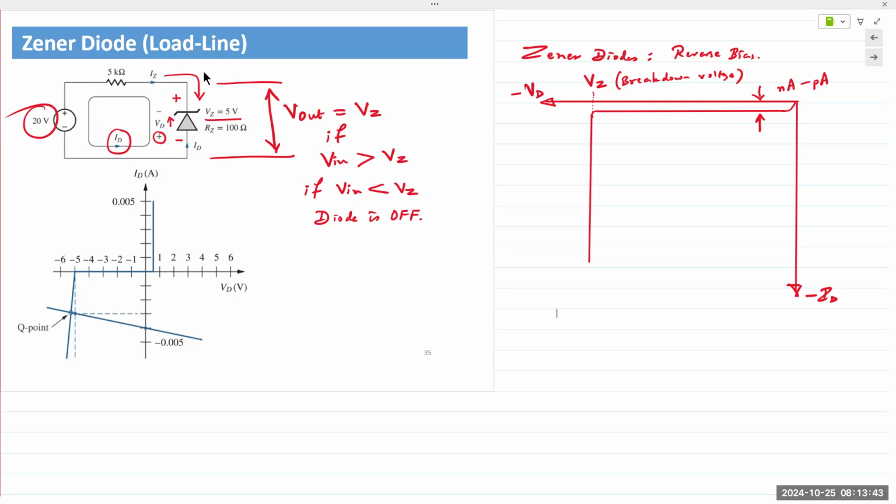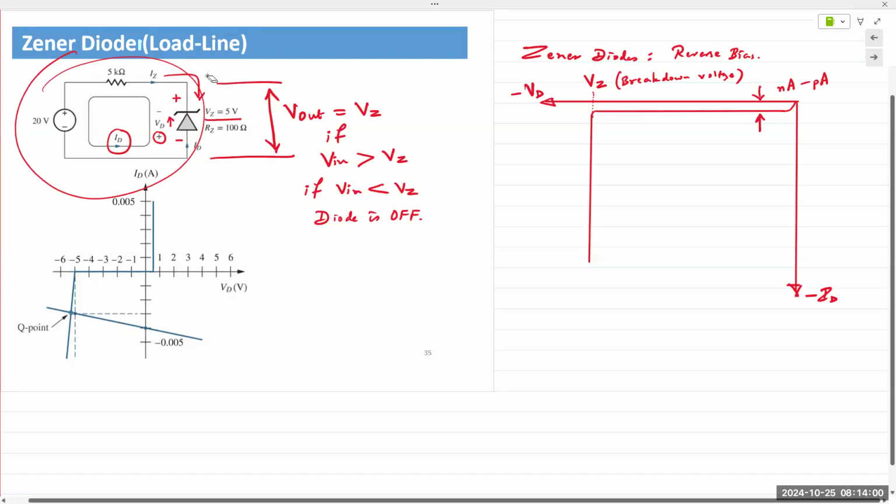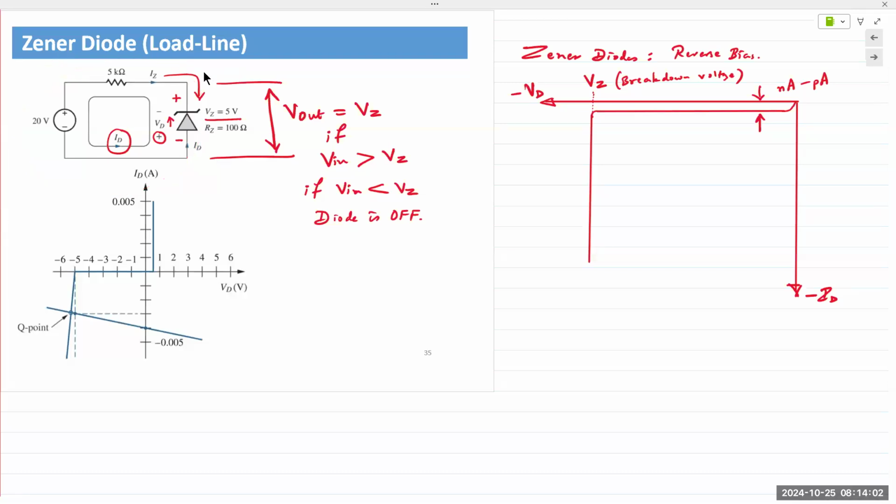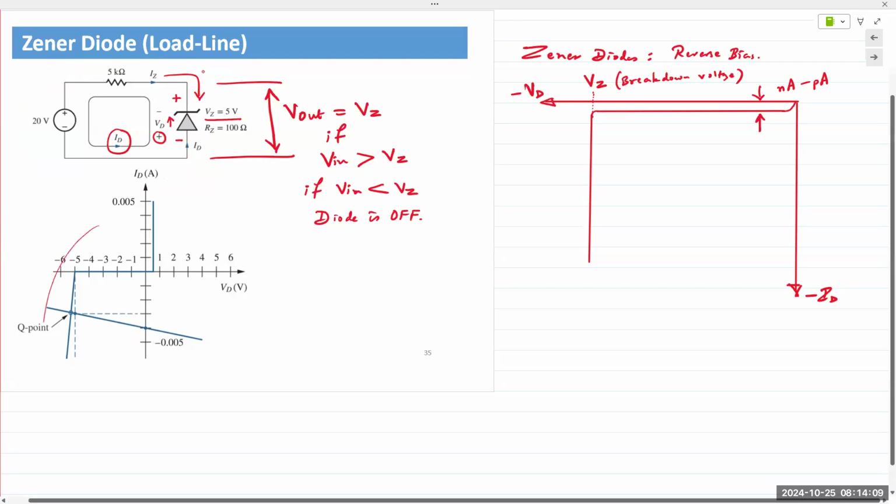So this here is an example of analyzing a Zener diode using the load line method. As with regular diodes, load line analysis requires that we write an equation for the circuit containing the Zener voltage and the Zener current. The typical characteristic for a Zener diode is given here.